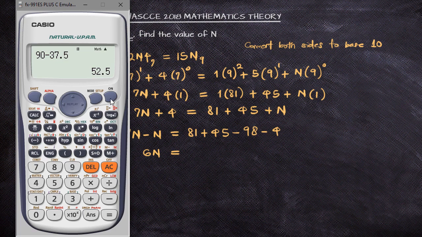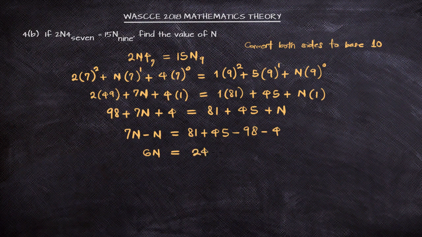Let me use my calculator here. 81 plus 45 minus 98 minus 4. That's 24. So 6n is 24. And dividing through by 6, you can see that our n will be equal to 4. And that is the value of n that we are asked to find.